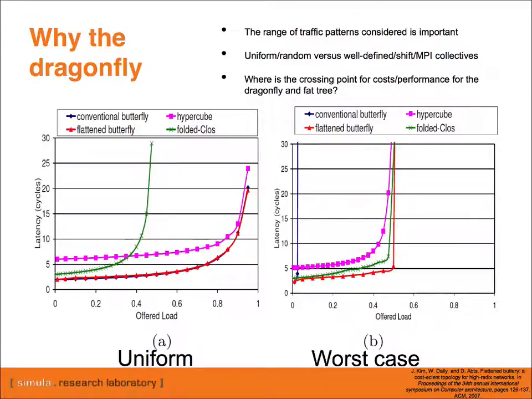So this is one of the main motivational figures for the Dragonfly, and it's borrowed from the flattened butterfly paper. But it shows the point that they made: if you compare the factory and the Dragonfly on equal terms, which means you have to reduce the bandwidth of the factory to a half bisection network, you get equal performance for the worst case, but the factory suffers greatly for uniform traffic.